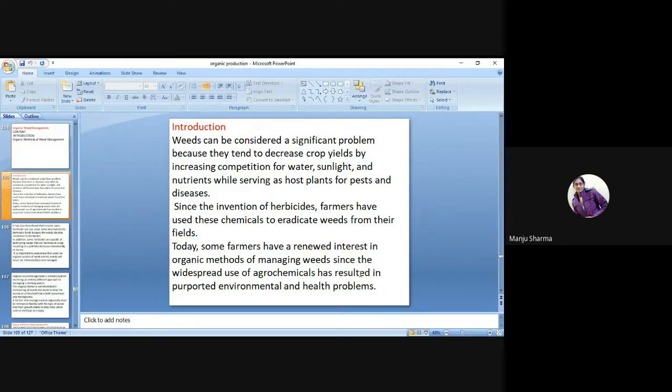Weeds can be considered a significant problem because they tend to decrease crop yields by increasing the competition for water, sunlight, and nutrients while serving as host plants for pests and diseases.